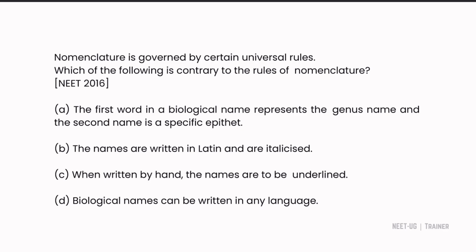Option two, the names are written in Latin and are italicized. Option three, when written by hand, the names are to be underlined. Fourth option, biological names can be written in any language. Drop your answer in the comments below and tell us why you chose it.